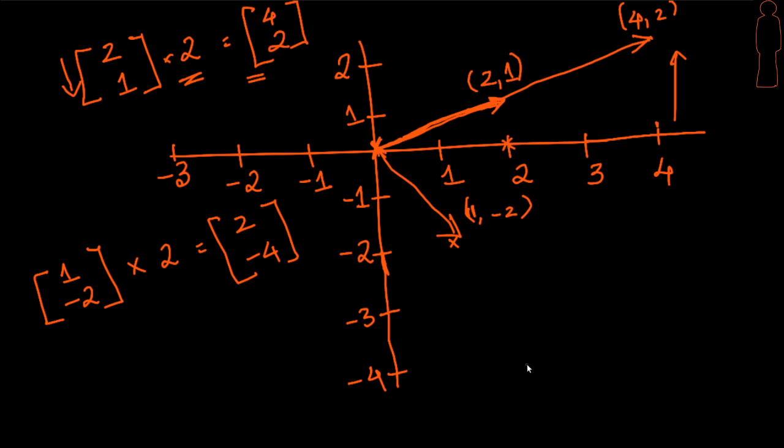Therefore, I moved down to (2, -4). And therefore, if I start from the origin and draw a line right till here, pardon me for that very crooked line, what we can understand is that (2, -4) and (1, -2) are pointing in the same direction.